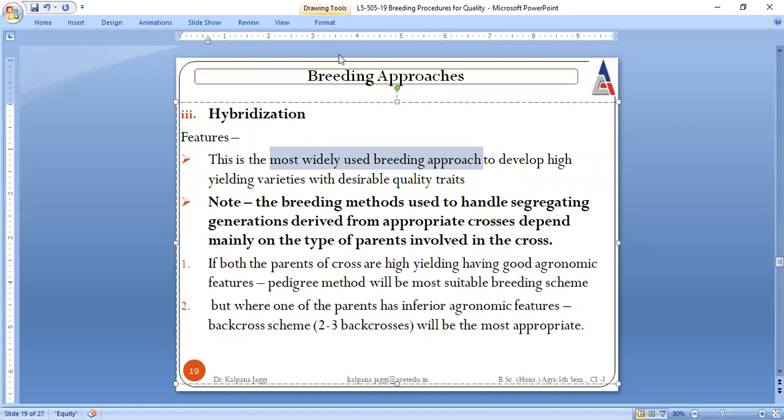Here, when we go for the breeding programs, two parents are crossed with each other, and then we have an F1 generation where progeny is produced. From this progeny we have another generation, F2, and so on. The number of generations may vary from one methodology to another, right?